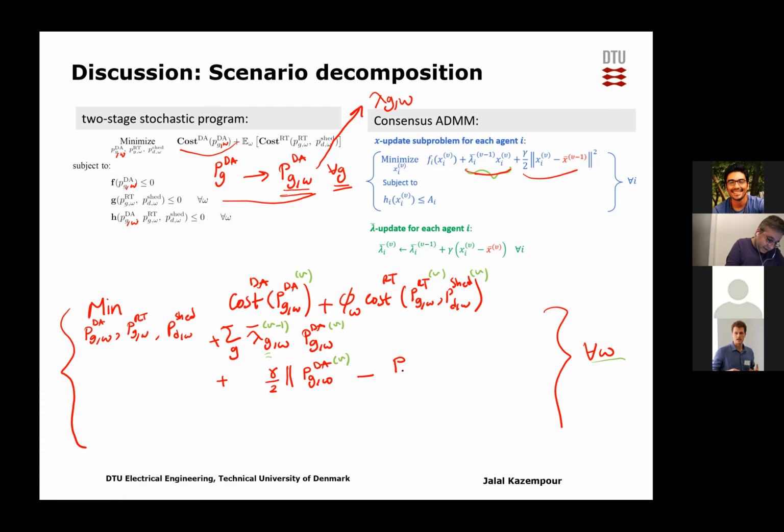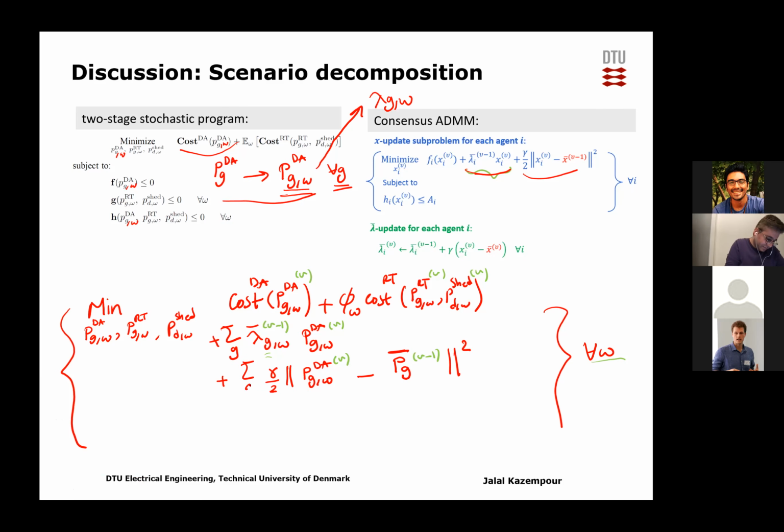Do I need to write omega? It's average, so we don't count. Average in the previous iteration. The average PG is for each PG again, so this is sum over G again.